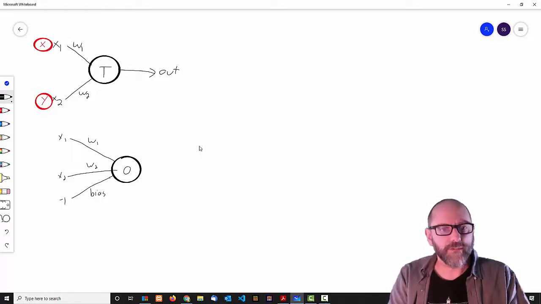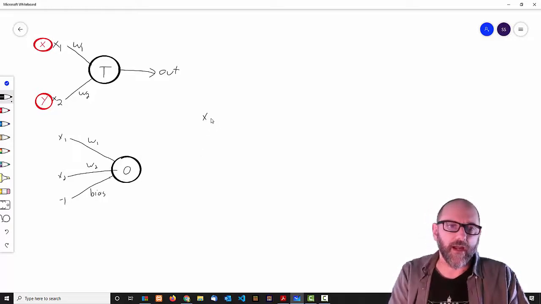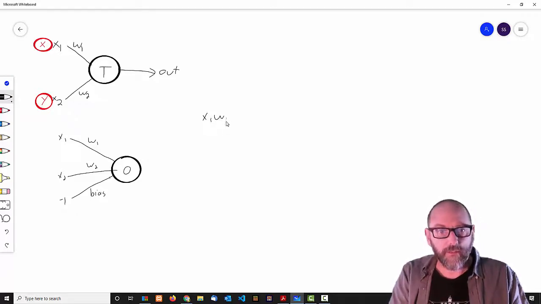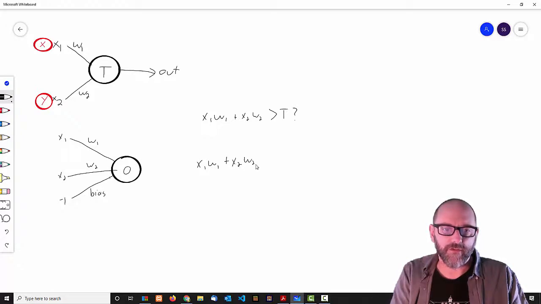So this is like an extra input that's always fixed. And so the equation becomes, instead of x1 w1 plus x2 w2 greater than the threshold, x1 w1 plus x2 w2 plus -1 times the bias, minus the bias, greater than t.